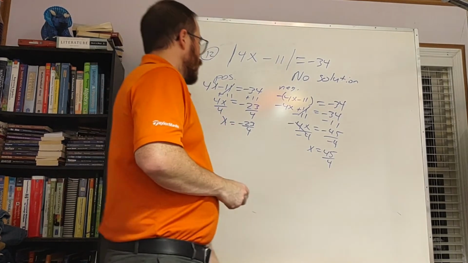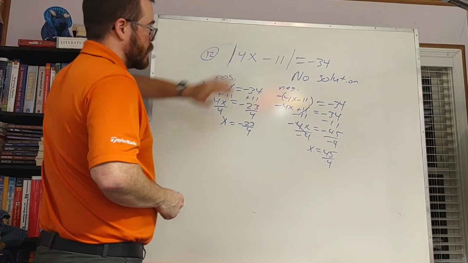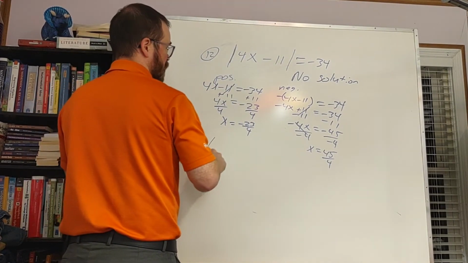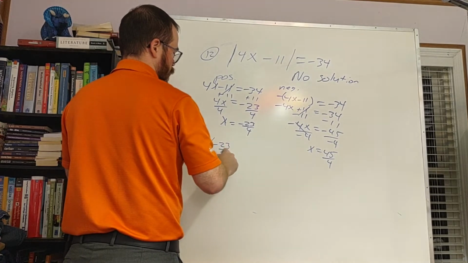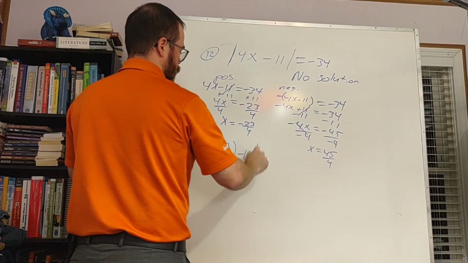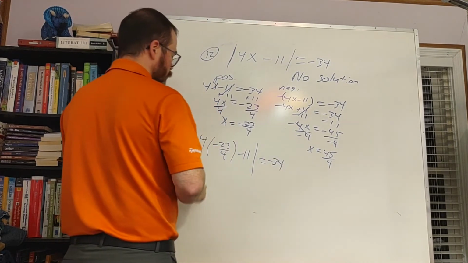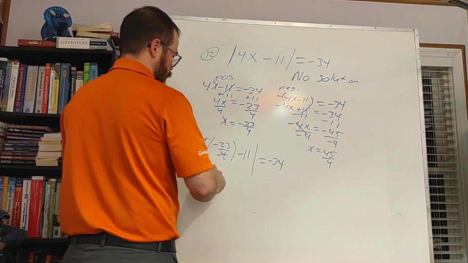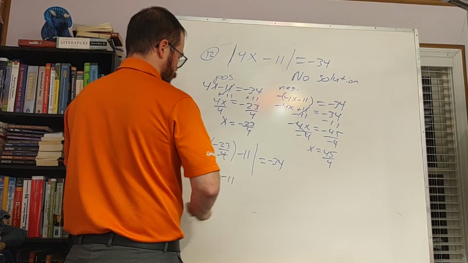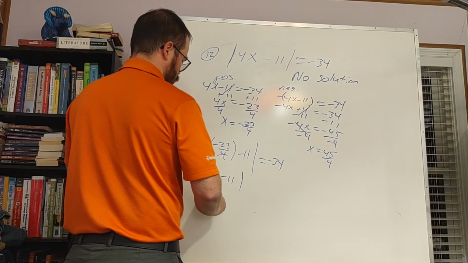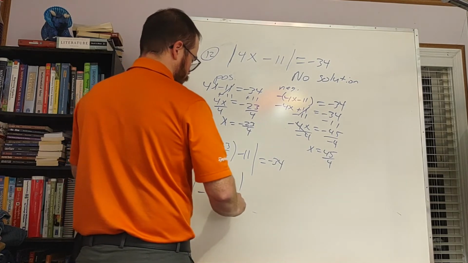Okay. So we're going to take and test these. We're plugging in for x. So we're saying absolute value 4, and we got negative 23 over 4 minus 11. So we want this to be negative 34. So 4 will cancel out. We got negative 23 minus 11. So that's a negative 34. Take an absolute value of that.